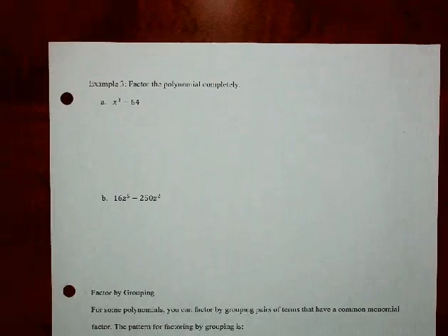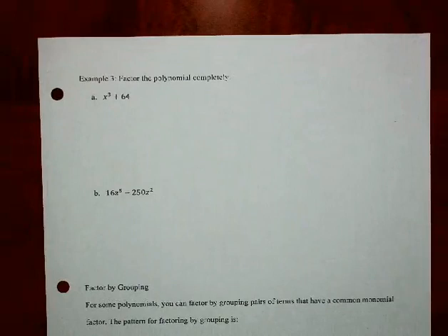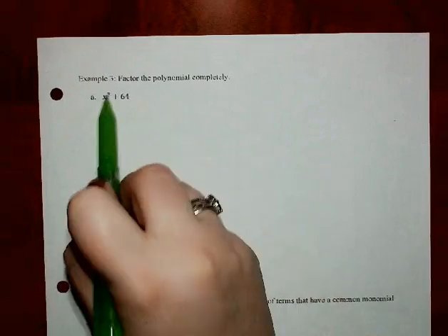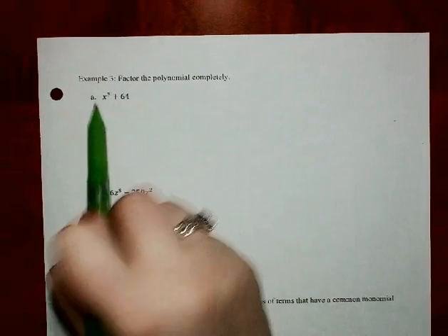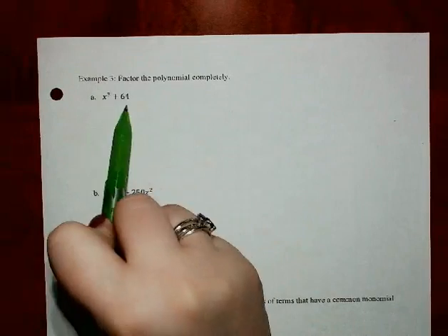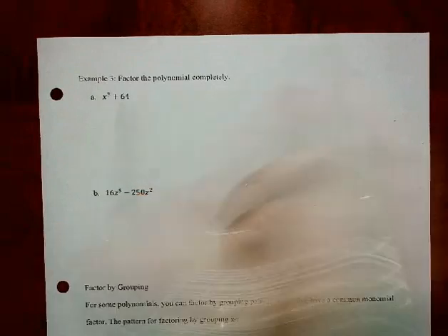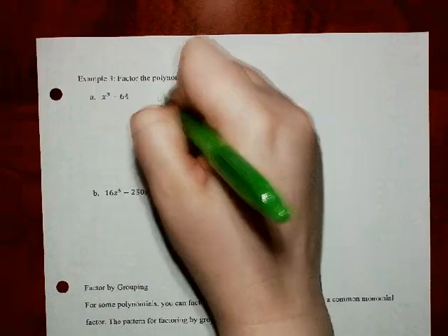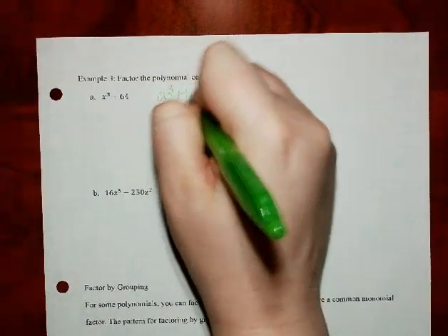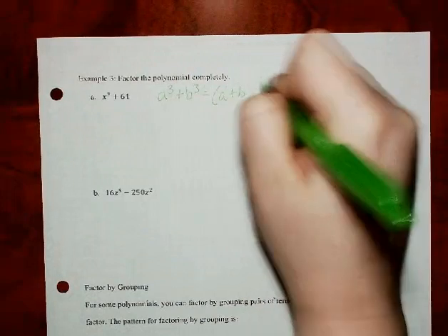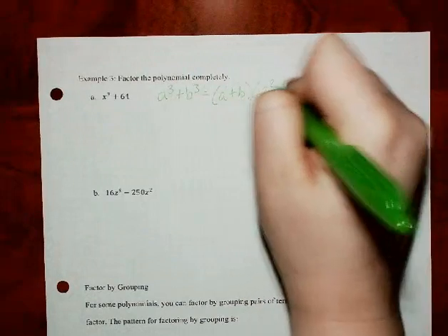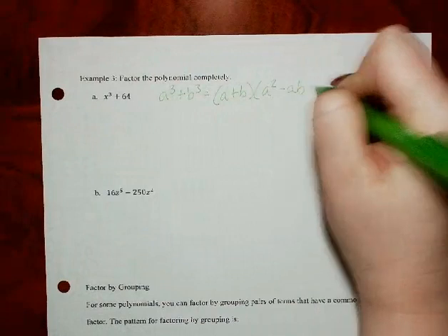So for example 3 here, for part A, we are factoring x to the third plus 64. So this is a sum of cubes. So we are going to use our formula, a to the third plus b to the third equals a plus b, a squared minus ab plus b squared.